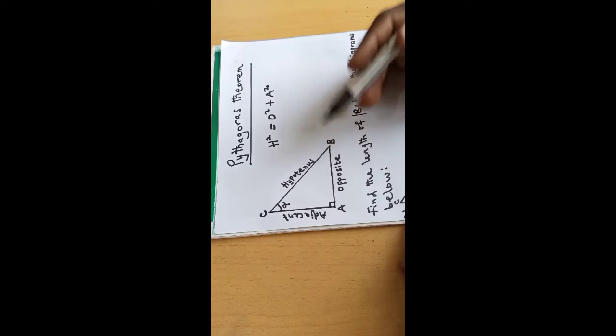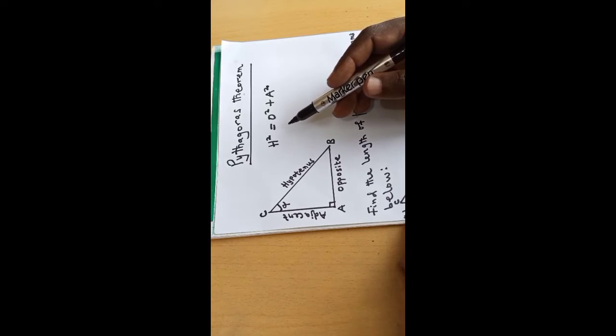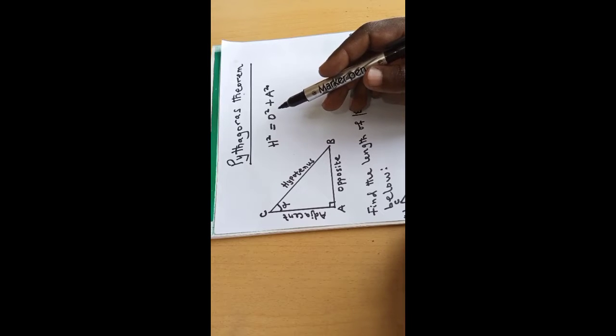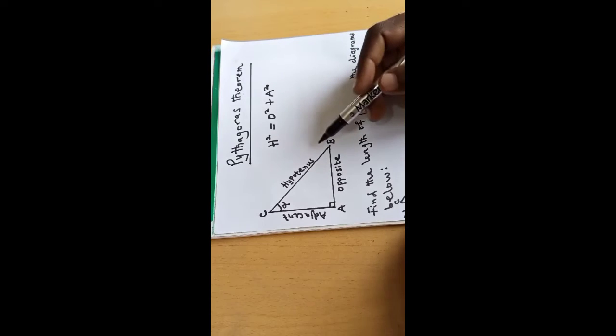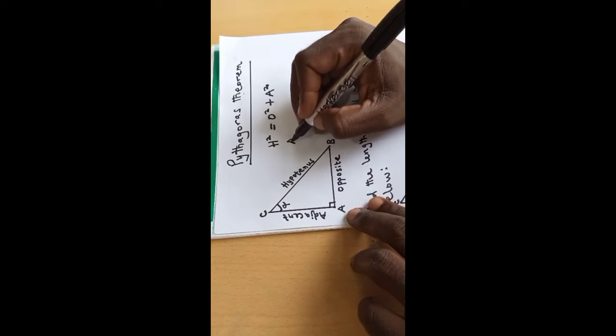So it means when you know at least two sides of a right angle triangle, then it will be easier for you to find the third side. Looking at this diagram that we have over here, our hypotenuse is what? BC.